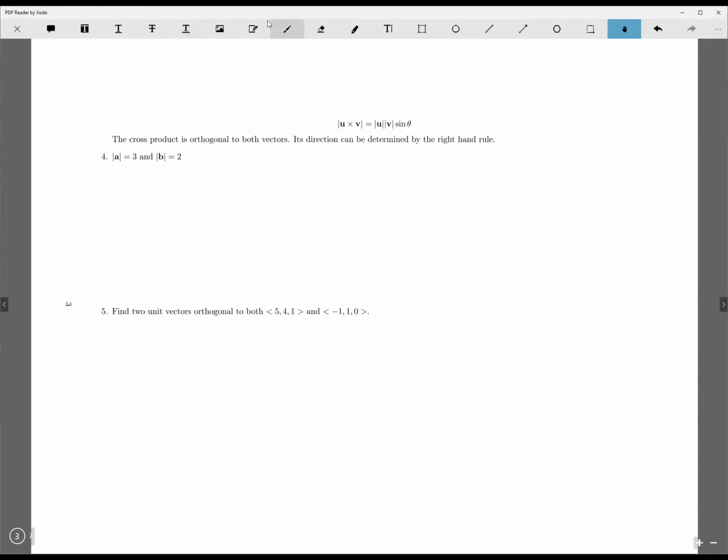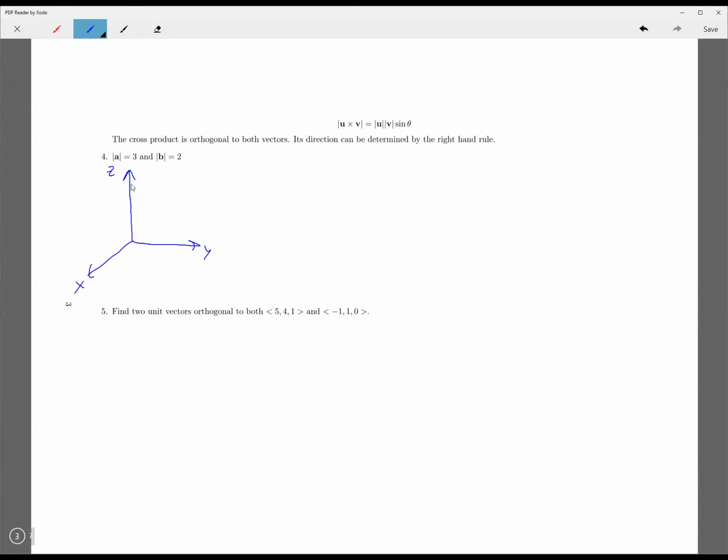So here, for number 4, it has a picture with the coordinate axes, the x, y, and z axes.